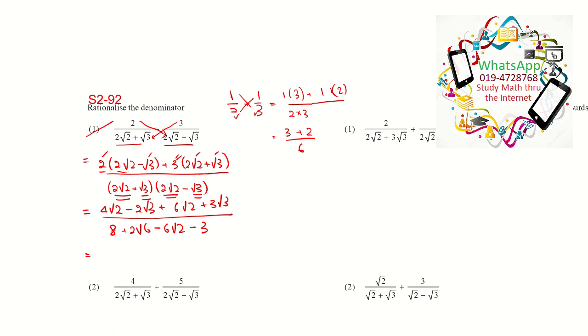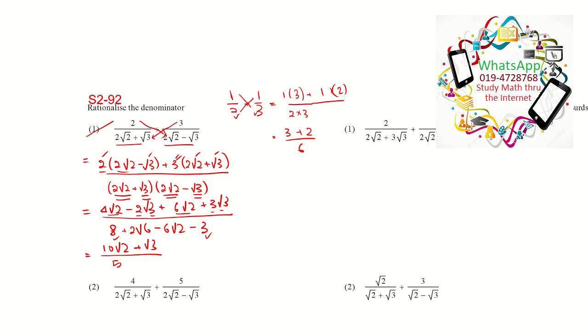Okay, then you summarize. Root 2 you can plus, it becomes 10 root 2. Right? Root 3 you can group them up. Minus 2 plus 3 would be plus root 3 over the denominator. 8 minus 3, you get 5.